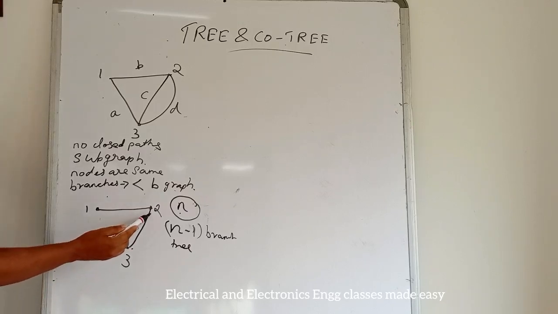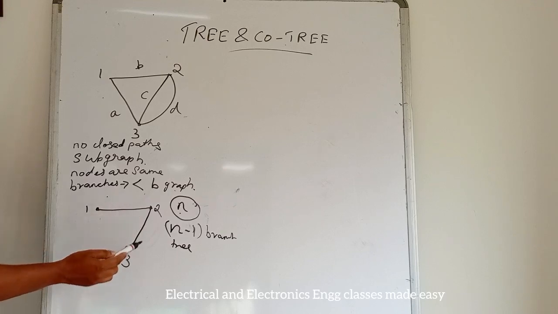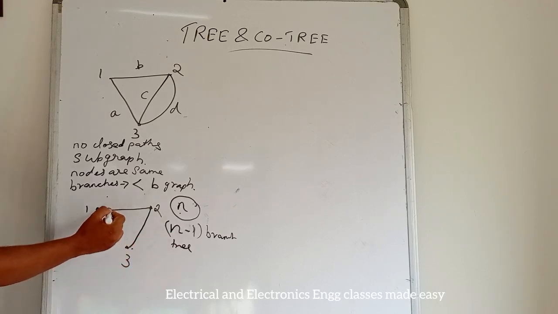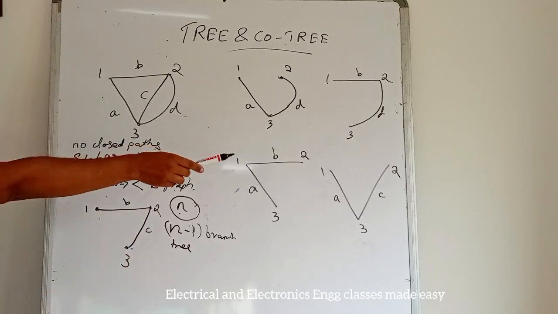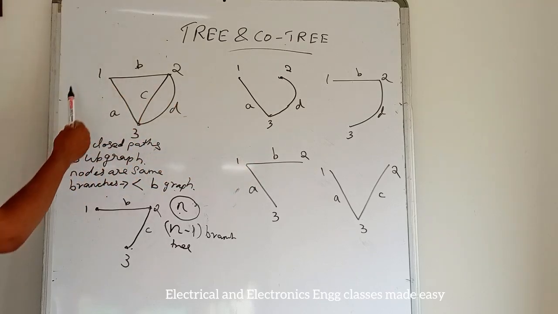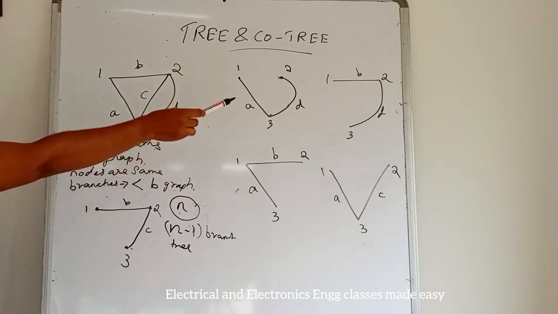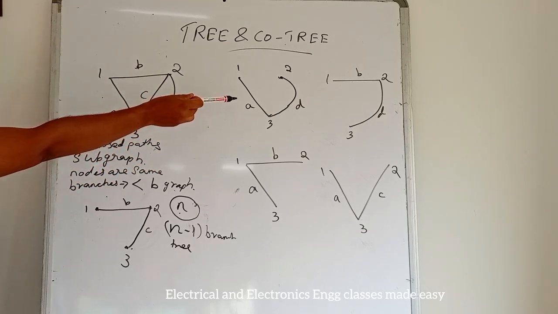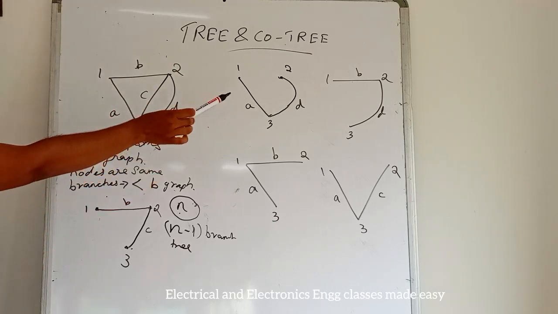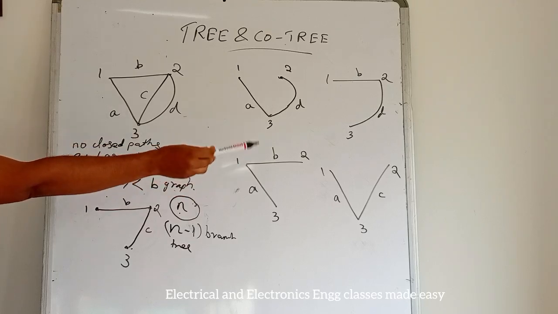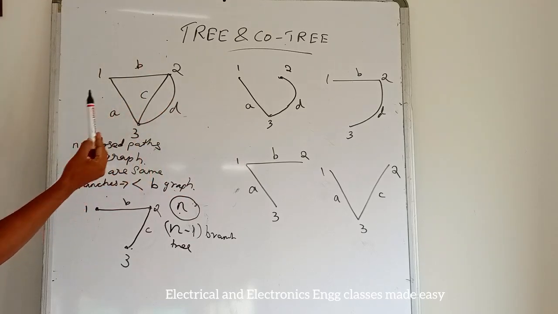That is, here there are 3 nodes, so the number of branches is 3 minus 1, that is 2: 1, 2. And these are different trees for this original graph. Here, the B and C branches we can remove, and that will be an open path. So it is also a tree, and these are also trees for this original graph.